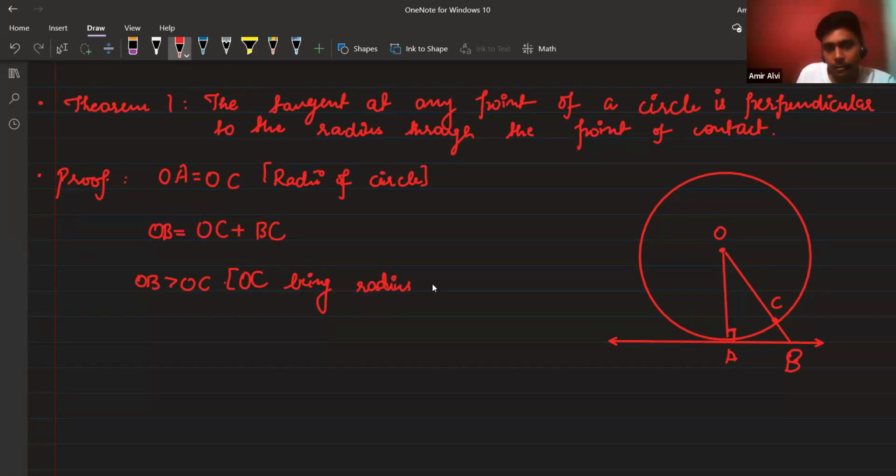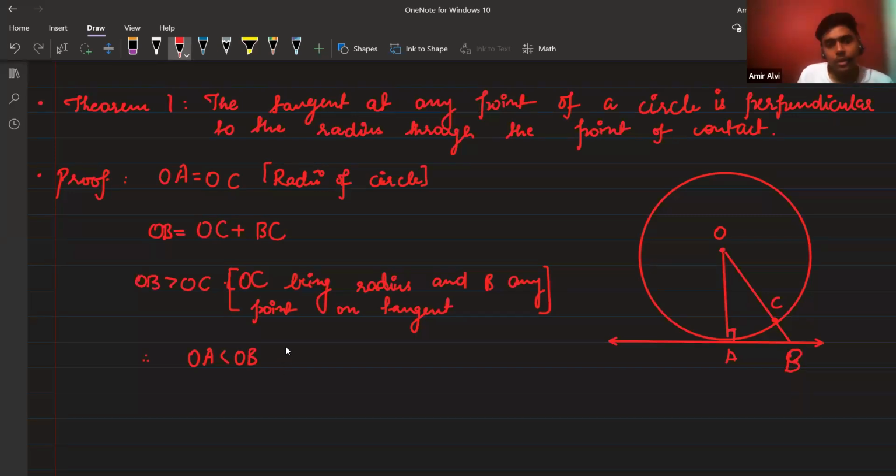Radius and B, any point on the tangent. So again, OA will be smaller than OB. Yes or no?